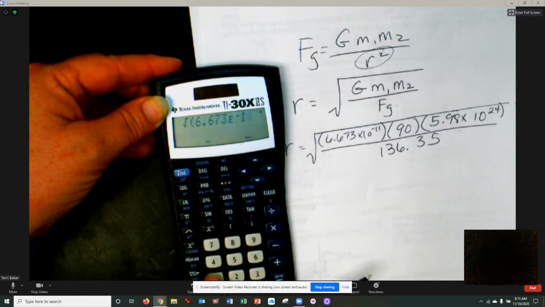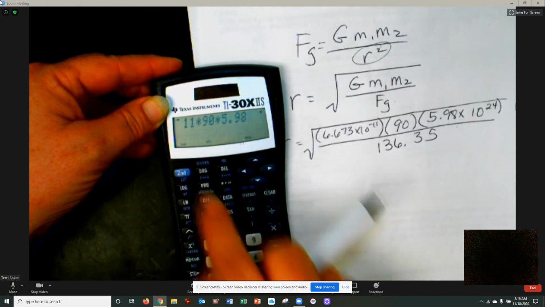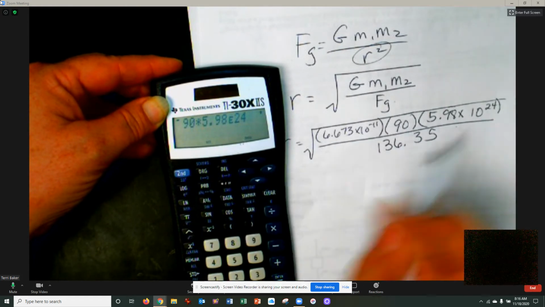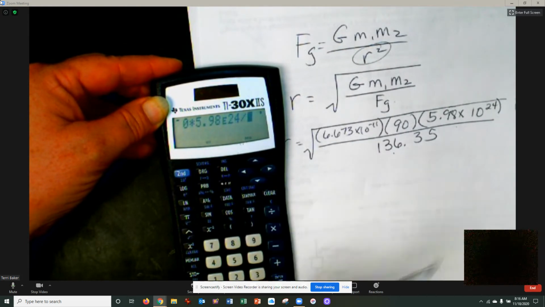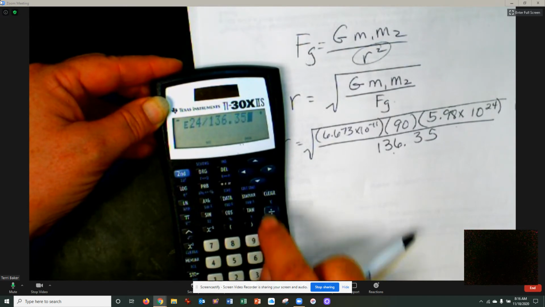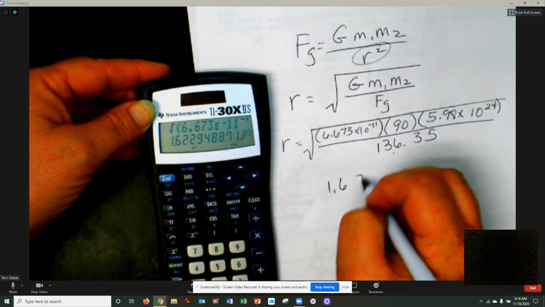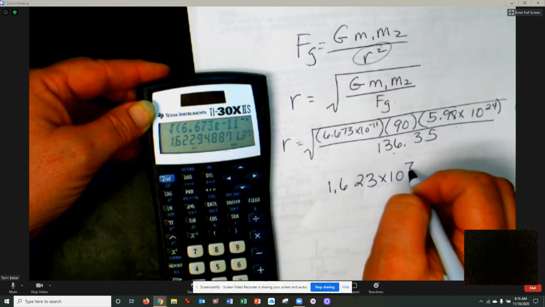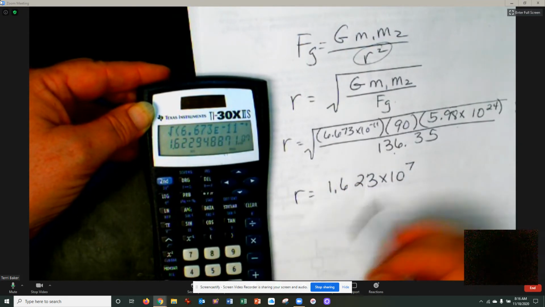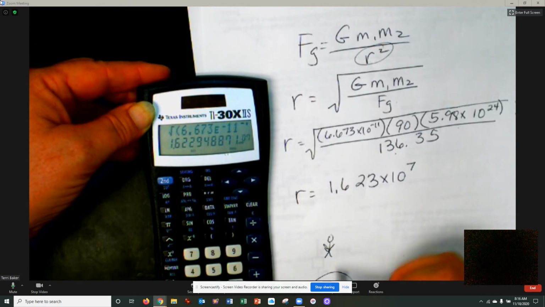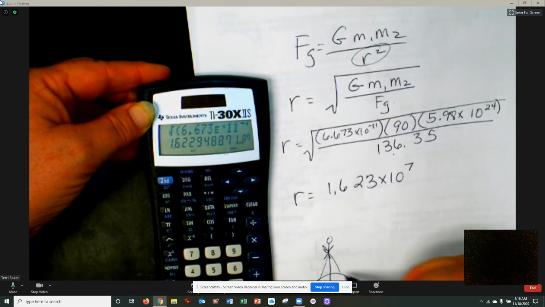And negative 11 times 90 times 5.98 second, push that button, to the 24th. Put all these numbers in. Now I'm going to hit divided by 136.35, and R is 1.623 times 10 to the 7th. So this is the distance between the center of Earth and the center of Pete up on his mountain.